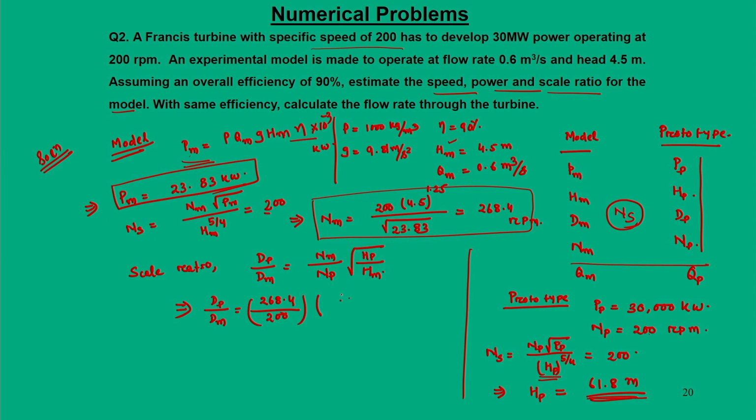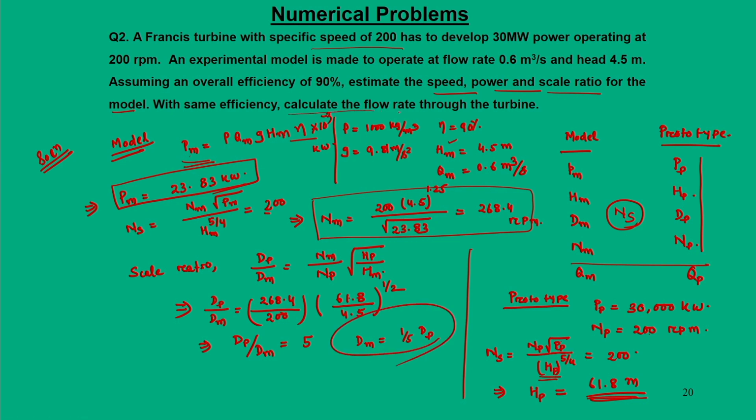So, it is 61.8 divided by Hm is 4.5, to the power half. So, dP by dm is equal to approximately 5, or dm is 1/5 of dP. So, this is the third answer.